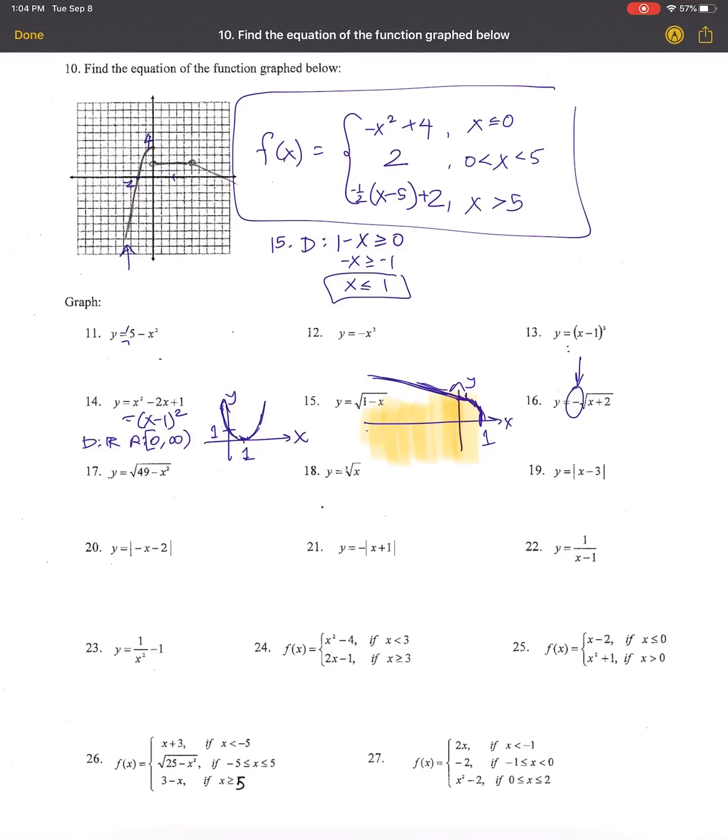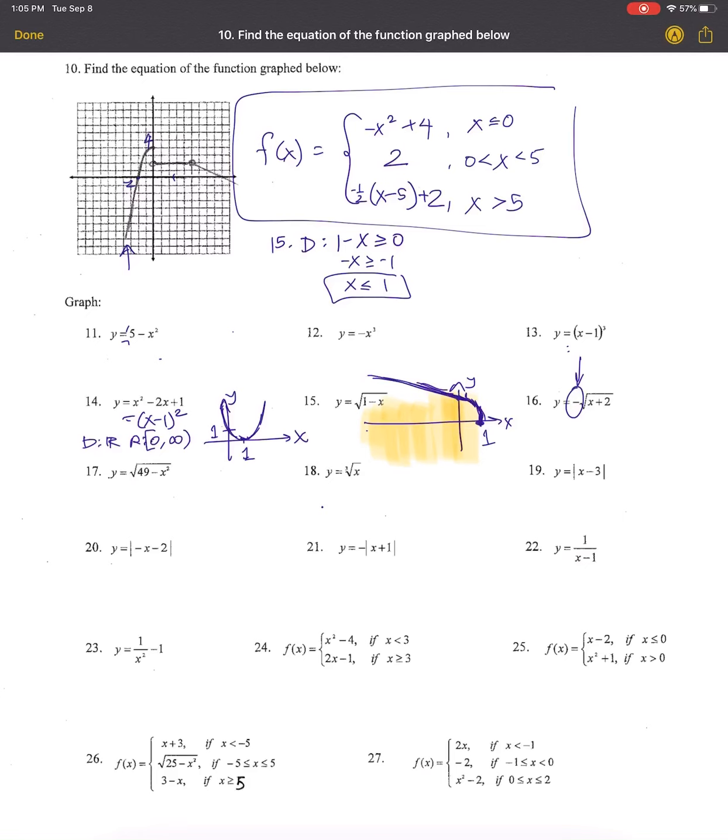It's so much easier to do with a pencil than an iPencil on an iPad. But there it is. Do you guys see how the domain informs the graph in this case? Because you have the negative in front of the x, it's like flip-flopping the domain. So it's a vertical flip plus a horizontal translation.